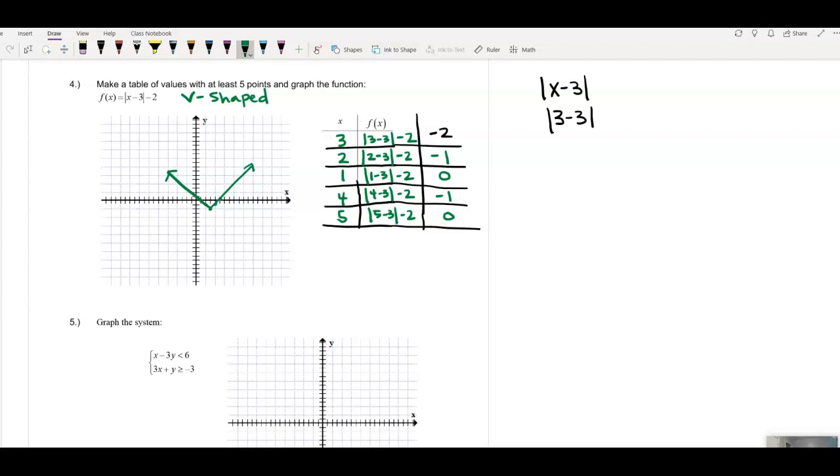And then just be careful. There might be some questions about domain and range a little bit later in here, but I want to talk about it right now just because students tend to make some mistakes with this. If I wanted to say what the domain of this is, remember the domain, you're always looking at the graph from left to right. So how far out to the left is this going?